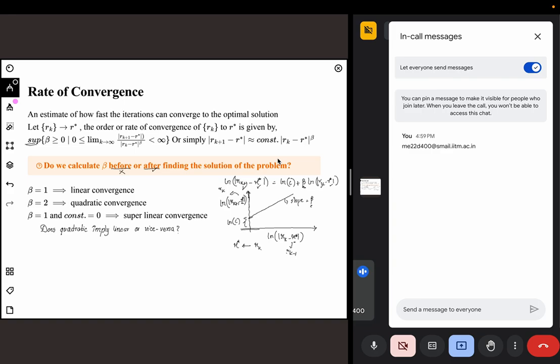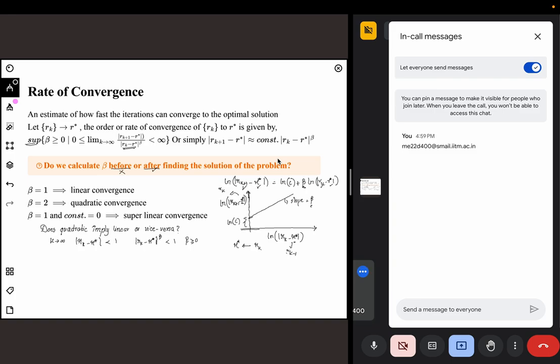If you think of this, this particular value rk minus r star as k tends to infinity will eventually, because at k equals infinity, this rk will be equal to r star, this particular quantity is always less than 1 for large k. If this quantity is less than 1, then any power of it, say square or some beta, will also be less than 1 if beta is some positive quantity, as we define here.